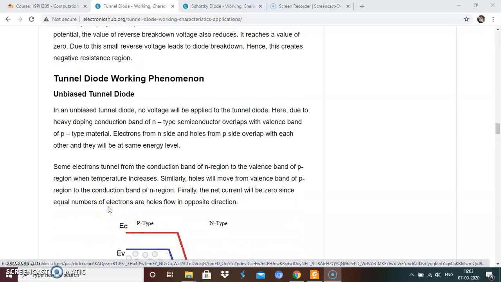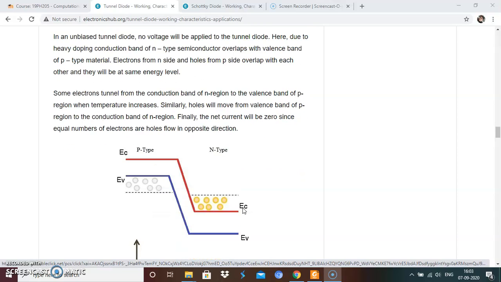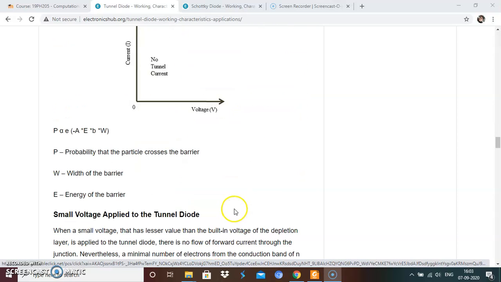Some electrons tunnel from the conduction band of the n region to the valence band of the p region when the temperature increases. Similarly, holes move from the valence band of the p region to the conduction band of the n region. Finally, the net current will be 0, since equal numbers of electrons and holes flow in opposite directions. This is the unbiased condition.